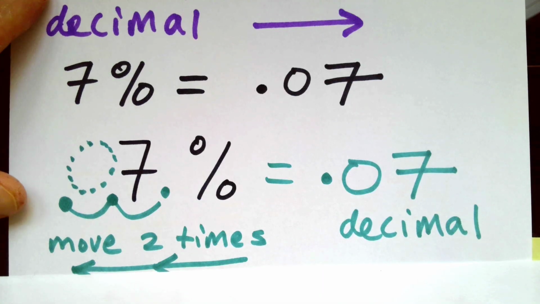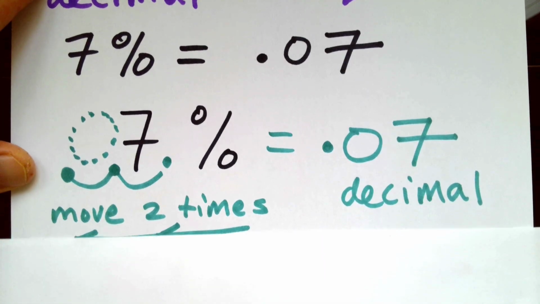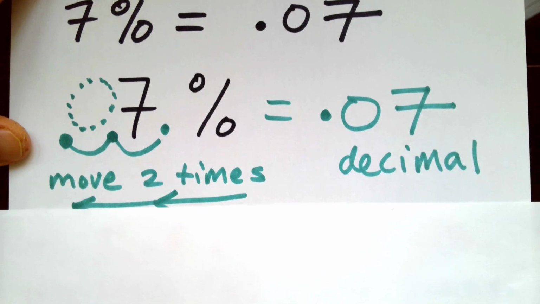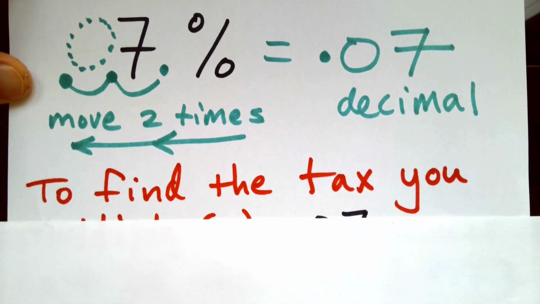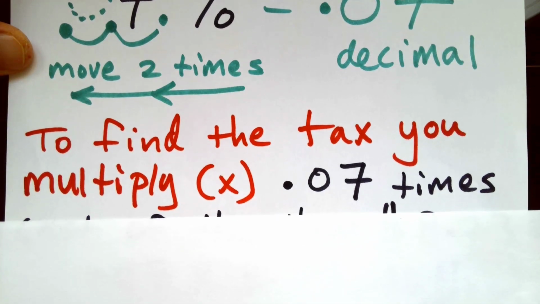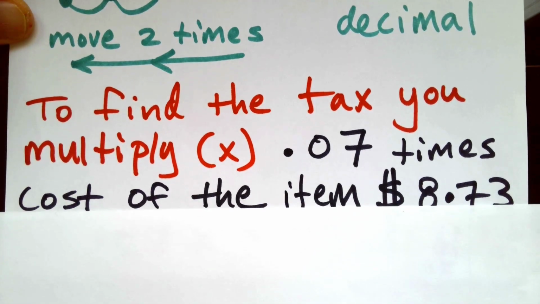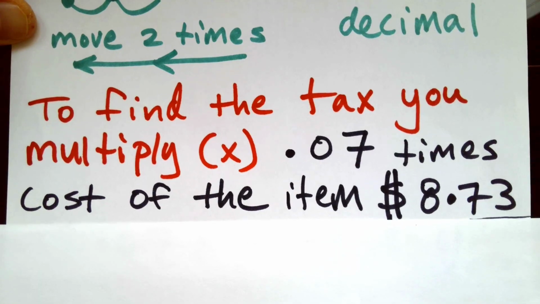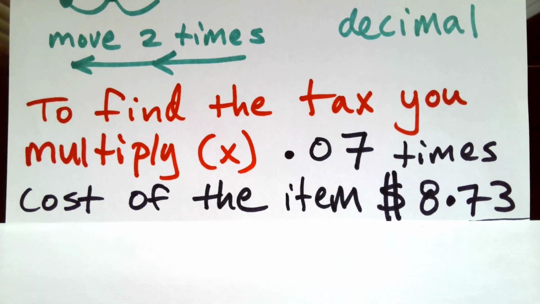Now, in order to find the actual tax, what 7% of $8.73 is, you're going to multiply 0.07 times the cost of the item. Any item in the world, but in this particular example, the item is $8.73.